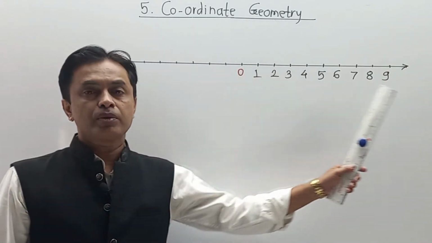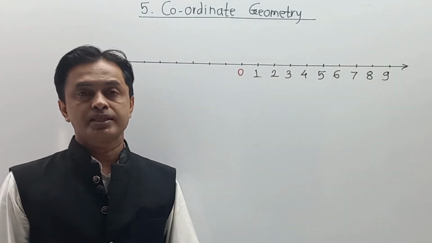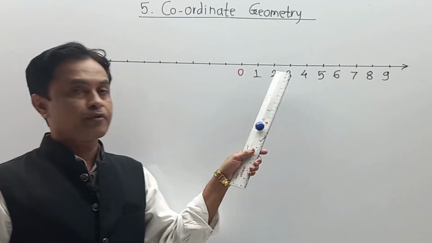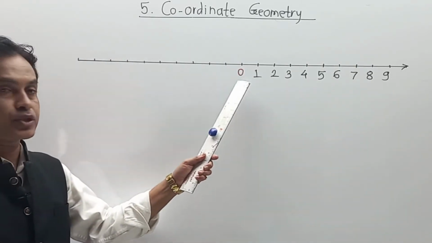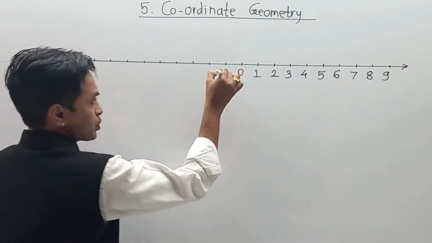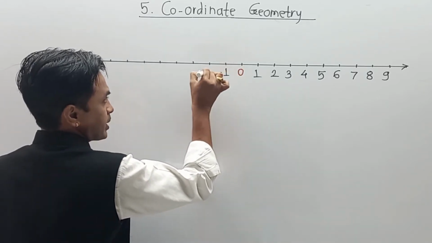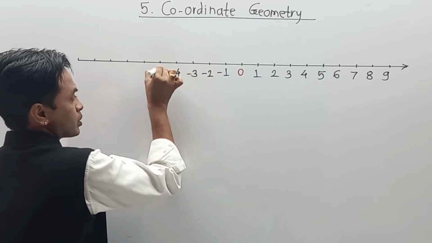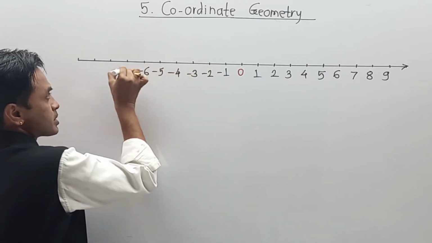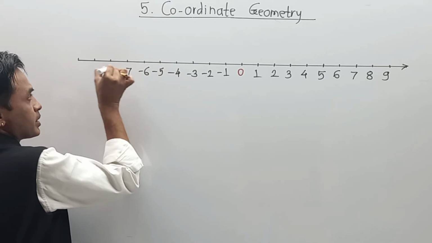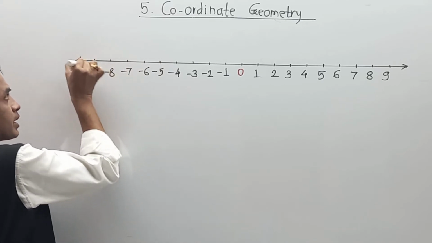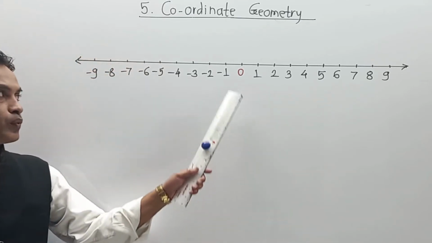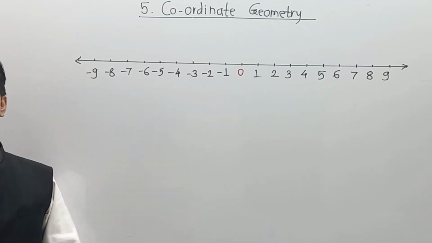In the same manner, if you are moving towards the left hand side from 0, then the number goes on decreasing with minus 1, minus 2, minus 3, minus 4, minus 5, minus 6, minus 7, minus 8, minus 9 and onward.